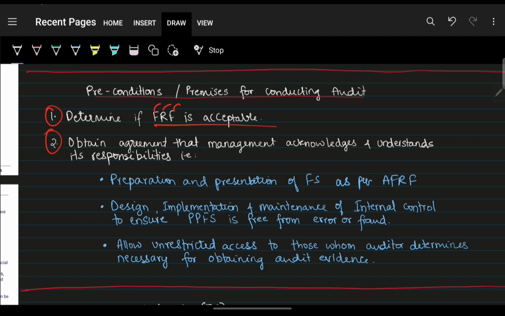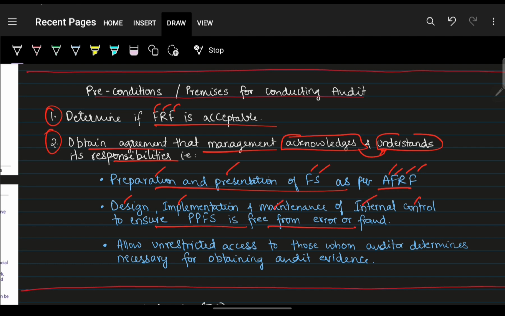Secondly, we have to obtain an agreement that management acknowledges and understands. So they have to acknowledge and understand. Both these words are necessary. What are its responsibilities? It is to PPFS as per AFRF, meaning preparation and presentation of financial statements as per the applicable financial reporting framework, and design, implementation, maintenance of internal control to ensure that PPFS is free from error or fraud.